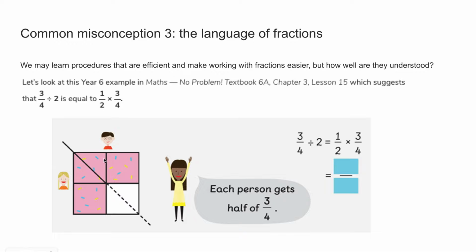So if this is 1/8, this will be 2/8. So total 3/8. How did we get that? That's the same as multiplying 3/4 times 1/2. That's how this textbook explained. I like that, but I think that's not enough.